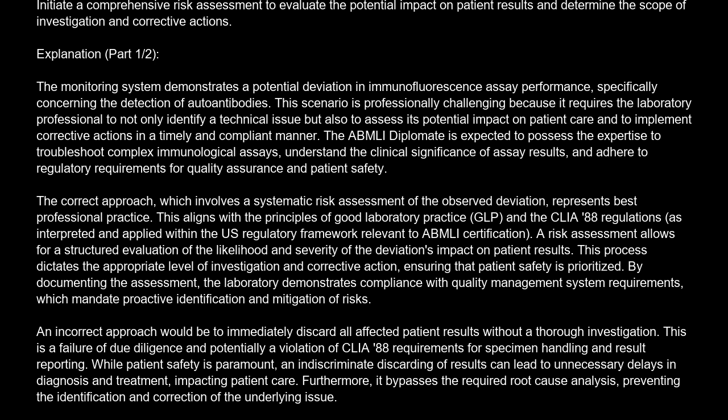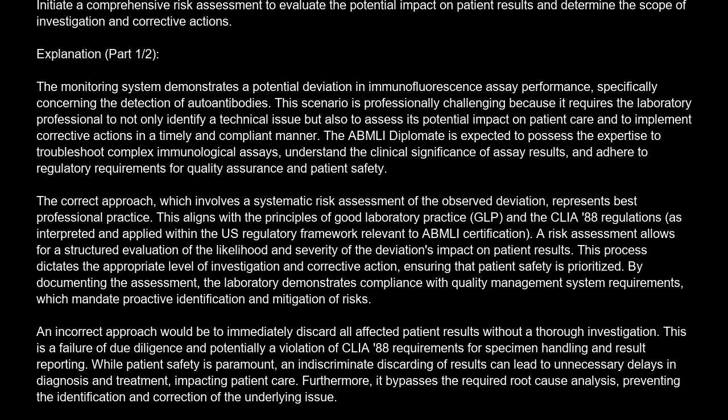This scenario is professionally challenging because it requires the laboratory professional to not only identify a technical issue, but also to assess its potential impact on patient care and to implement corrective actions in a timely and compliant manner. The ABMLI Diplomate is expected to possess the expertise to troubleshoot complex immunological assays, understand the clinical significance of assay results, and adhere to regulatory requirements for quality assurance and patient safety.